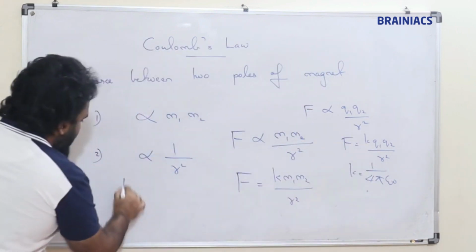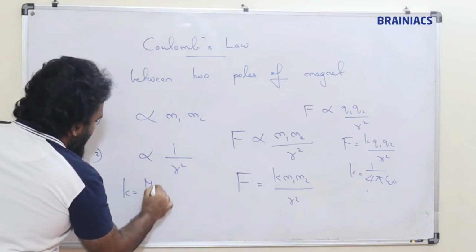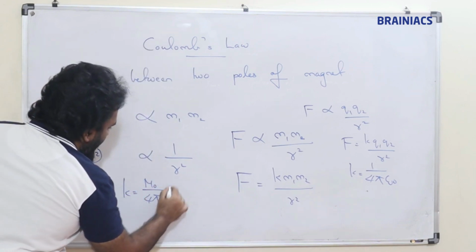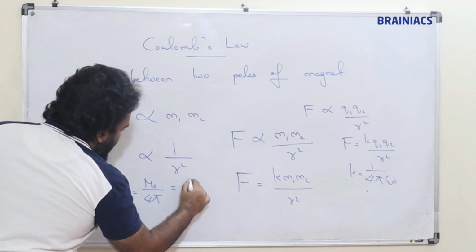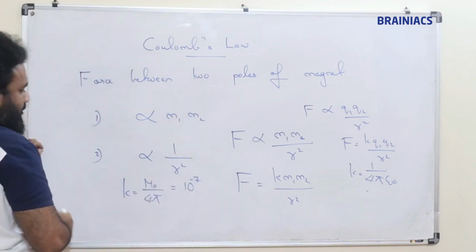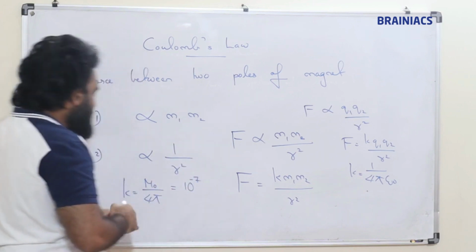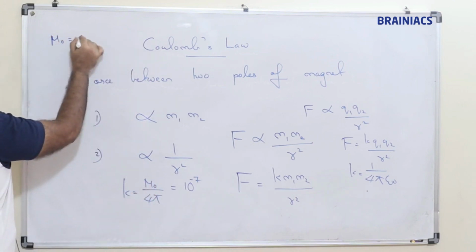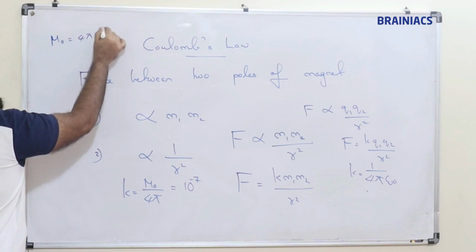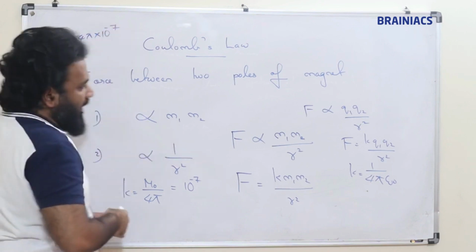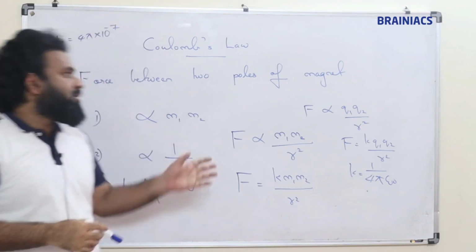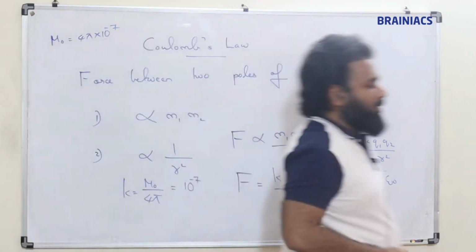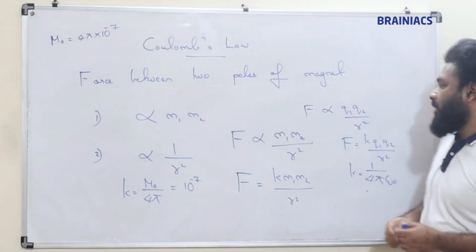In this case, K is equal to mu 0 by 4 pi, and its value is 10 raised to minus 7. The value of mu naught is 4 pi into 10 raised to minus 7. So this is Coulomb's law. Please pause the screen and note it down.